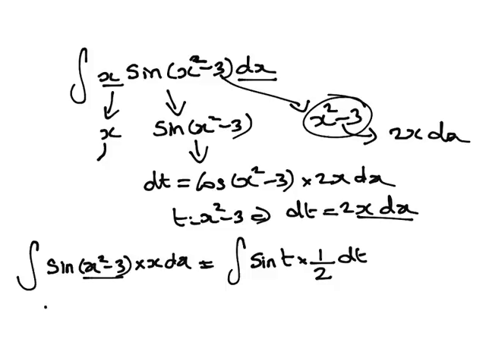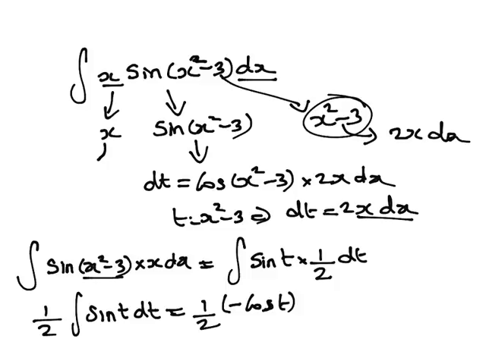So I can take 1 by 2 outside the integral. So half of integral of sine t dt. Integral of sine t is nothing but minus cos t plus c. So the final answer is minus half of cos of x squared minus 3 plus c.